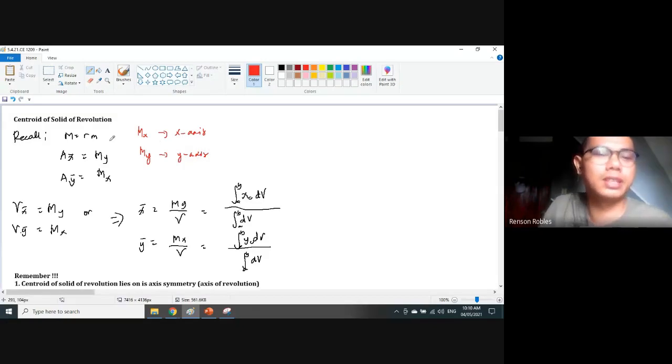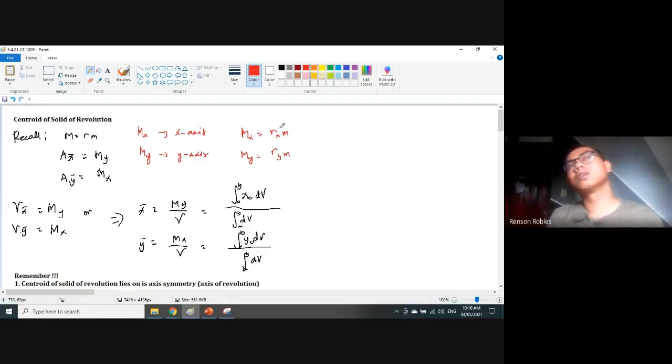So with reference to the x-axis, the moment in x is equal to rx times its mass, and moment in y is the distance to the y-axis, that's ry, times its mass.